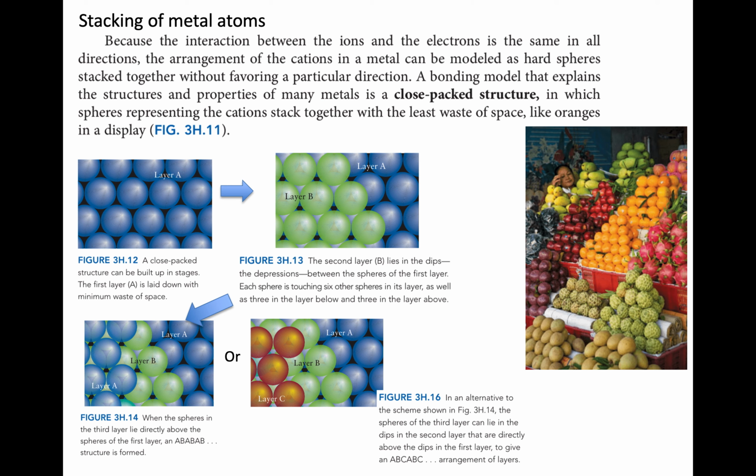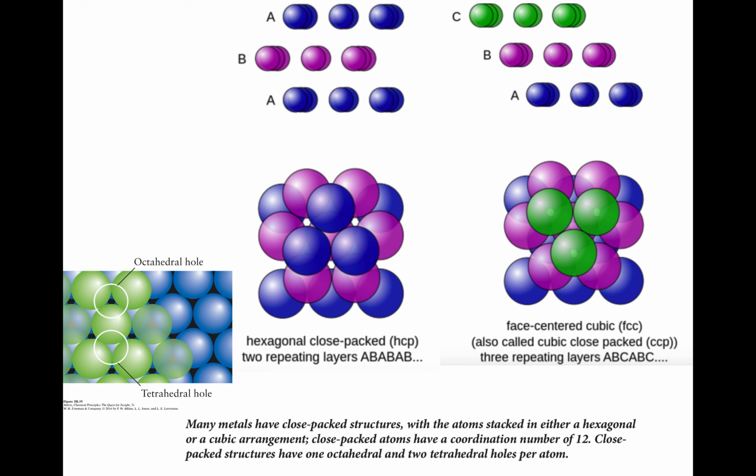So we were looking at what it means to stack up things that are the same size, whether they're atoms or inches. And we saw that we could place them into different layers, different arrangements. In this case, for our metals, the coordination number was 12. This is the maximum density that we can have when stacking spheres of the same size. This would be the maximum coordination number, the greatest density.